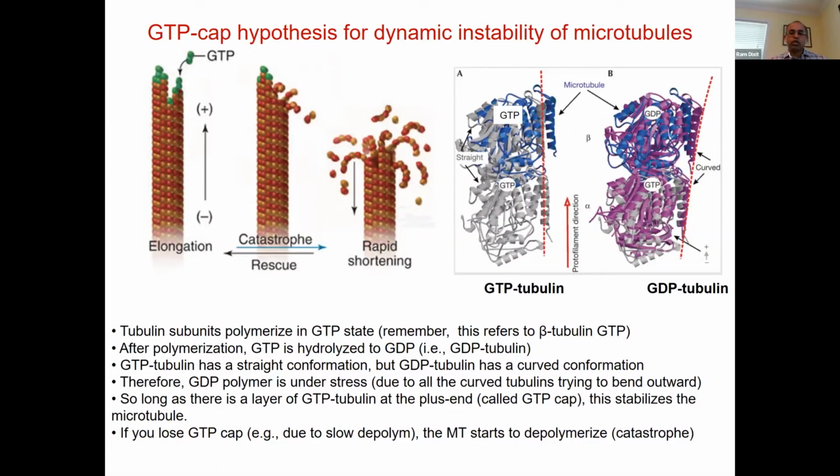If you lose that GTP cap, and that loss could be partial too, as you can see in this picture here, so there are some GTP tubulins, but not on all protofilaments, then that leads to a switch to depolymerization. And so the microtubules will abruptly go from polymerization to depolymerization. This is the hypothesis that is used to explain why you have this dynamic instability behavior, even in the presence of tubulin subunits.